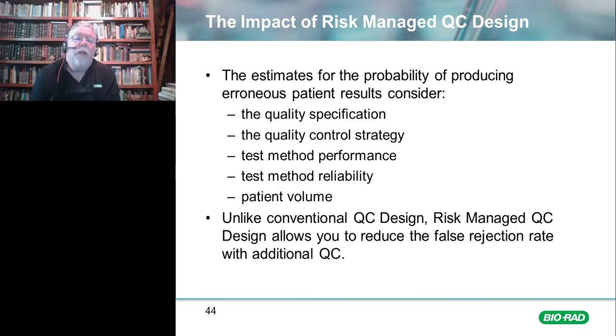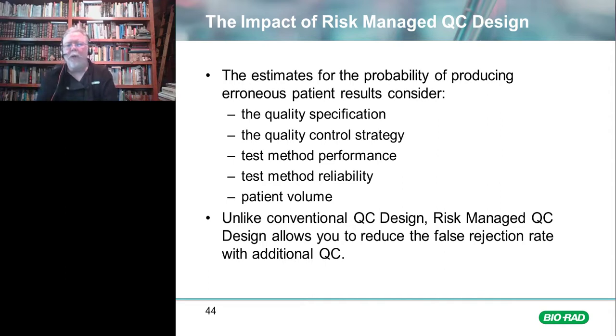So we have to have an estimate of what the test method reliability is. And now I also have to consider patient volume, because when I go out of control, how many patients are going to be impacted? Well, that depends on the number of patients that I'm testing between QC events.